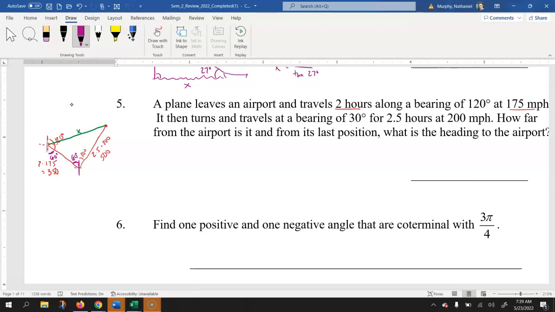If we have a right triangle, that opens up the opportunity for us to use the Pythagorean theorem, right triangle trig, whatever we need to use to be able to find that missing length. So right now I know that I have a right triangle. If I redraw this out, we have a right triangle with this being 350 miles, this being 500 miles, and we're trying to find this distance.